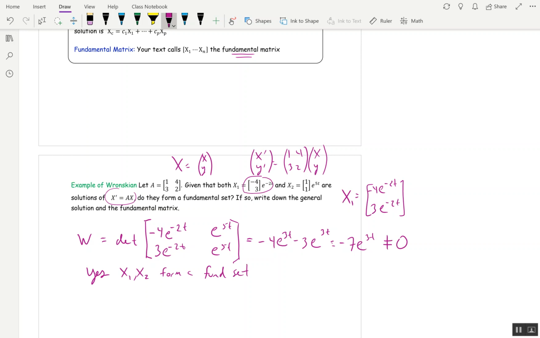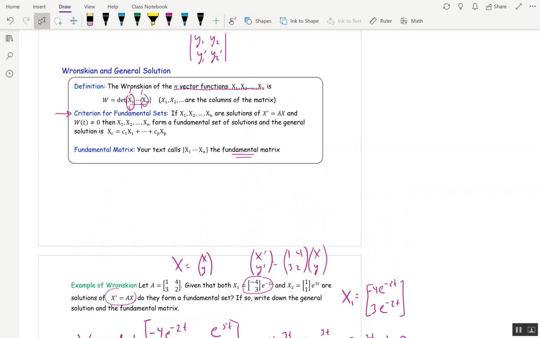And the general solution, okay, so back up to this box here. If you do have a fundamental set and the Wronskian's non-zero, then the general solution is found by multiplying each x by a constant and then adding. So take a linear combination.